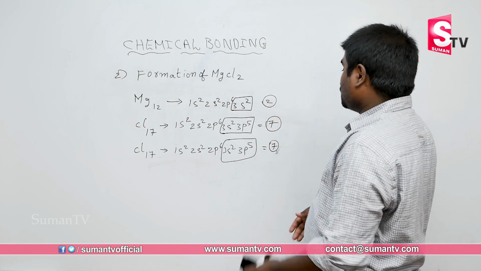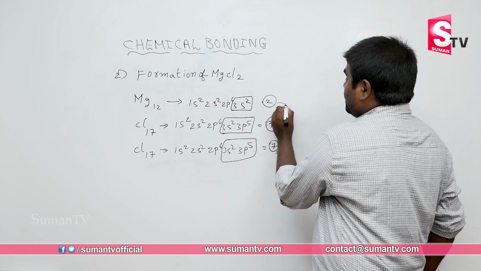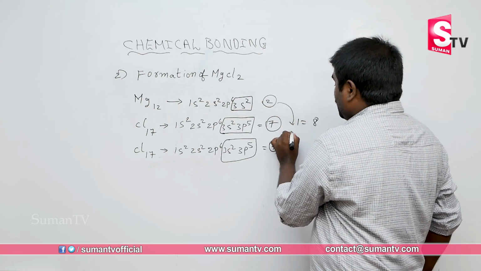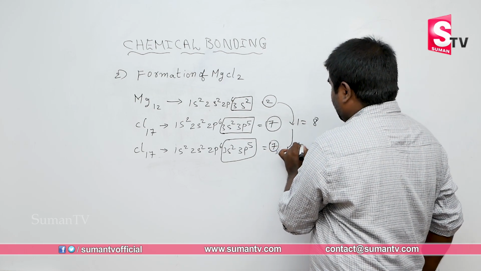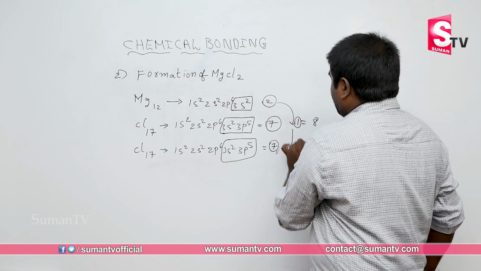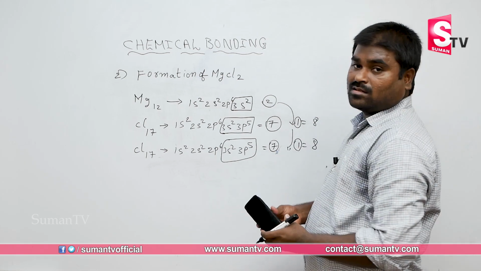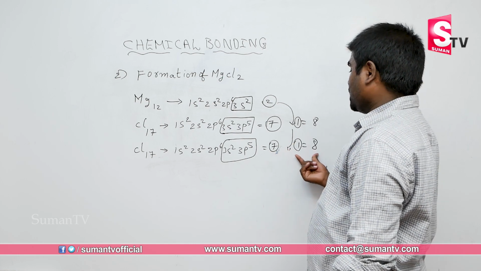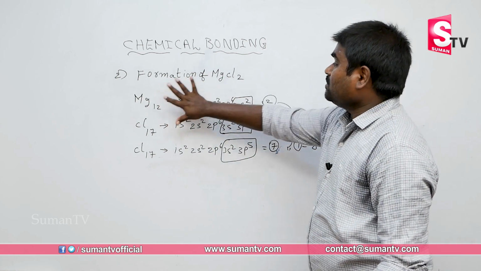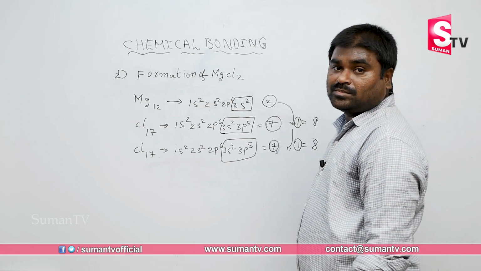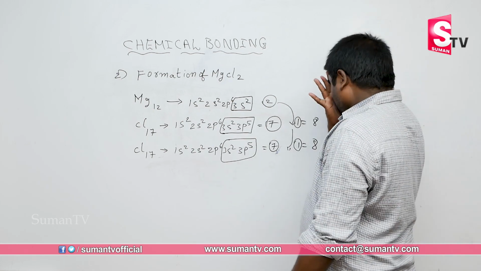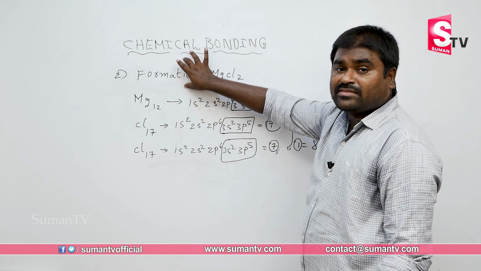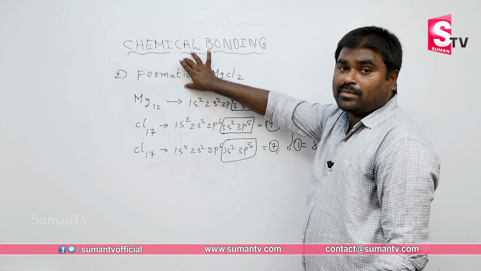One will come and join here, making 8. Again one more will come and join here, making 8. 7 plus 1 is 8 on each side. So magnesium chloride is a stable compound. In this way, children, the formation of ionic bond will be.